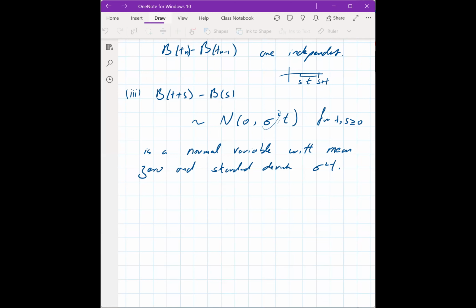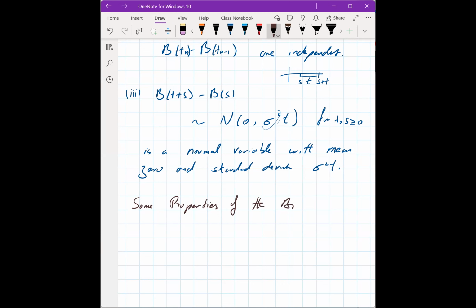One can then have the following properties. Brownian motion.